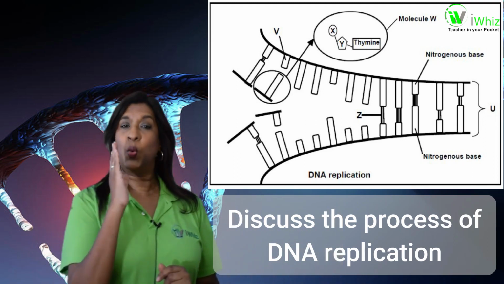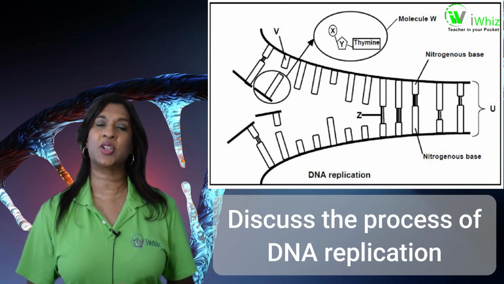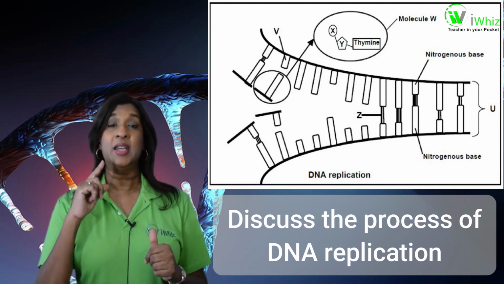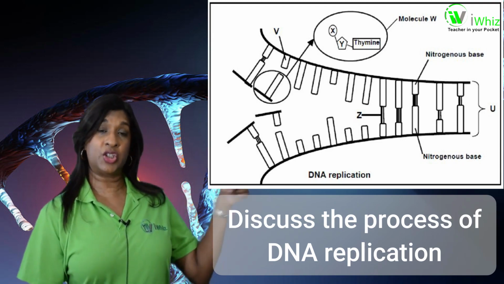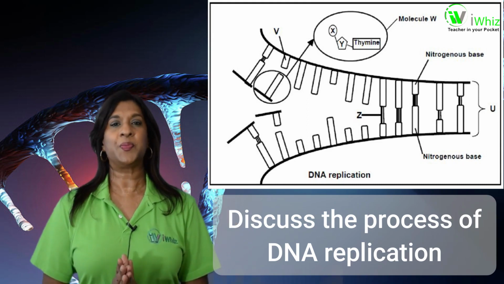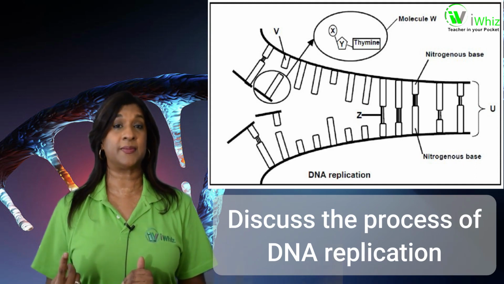So let's look at what we can say about the process of DNA replication. Firstly, you could state that DNA replication is controlled by enzymes. The next point, your double helix unwinds.